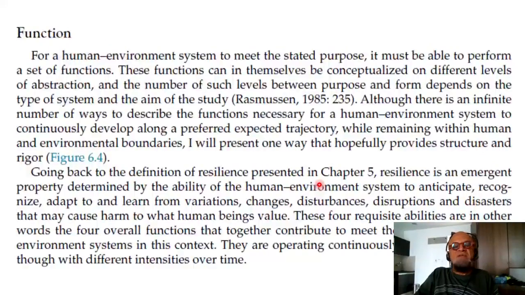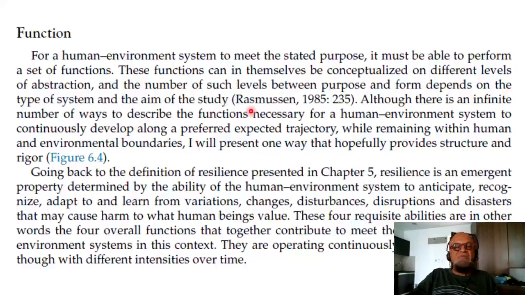For a human environment system to meet the stated purpose, it must be able to perform a set of functions. Sustainable development is a purpose we are defining here for the human environment system, right? So what are the functions then? These functions can in themselves be conceptualized on different levels of abstraction, and the number of such levels between purpose and form depends on the type of system and the aim of the study.